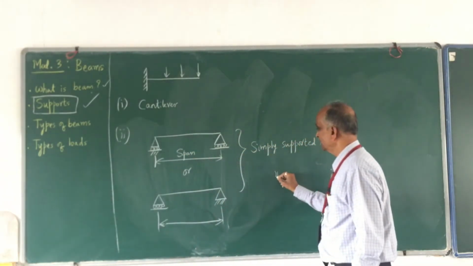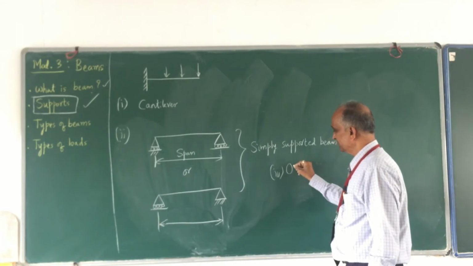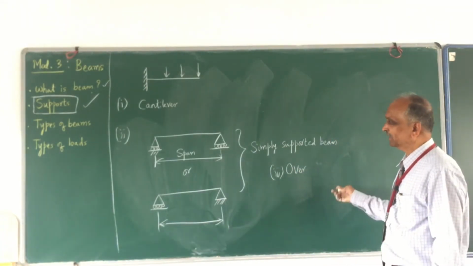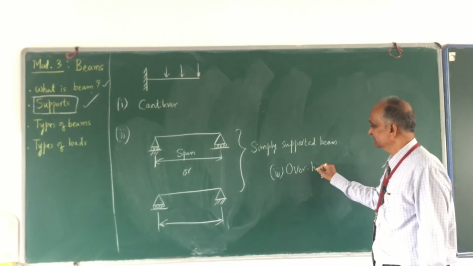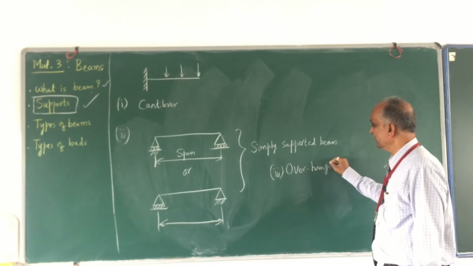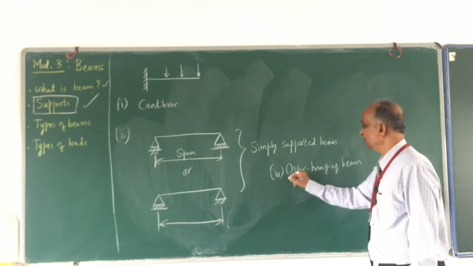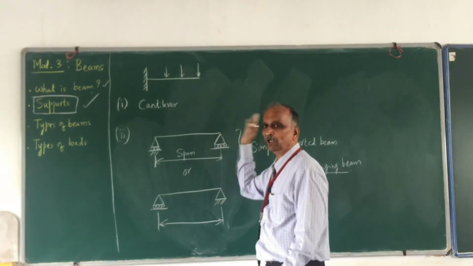And we have a third one. Since all books mention that it is a type of beam, I also mention it for the sake of the examination. Otherwise, it is not different. Overhanging beam. In a simply supported beam, we don't have beam portion beyond the support.